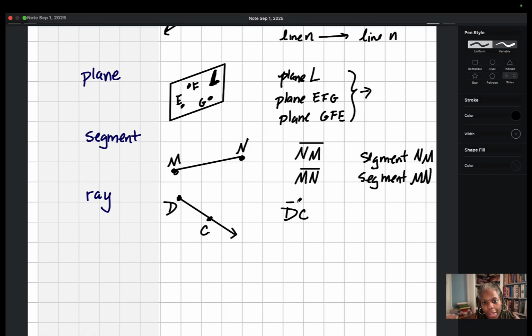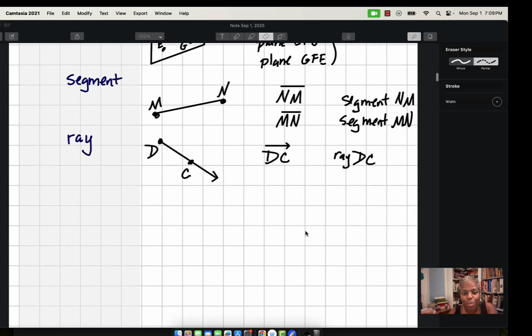When I call it ray DC, notice the endpoint has to be written first and I put an arrow in the direction of the next point after the endpoint. So that's ray DC, and ray DC is how I'd say it. There's only one way to talk about a ray, and that's from its endpoint into the other direction. CD would not do, but ray DC is the way we do this.